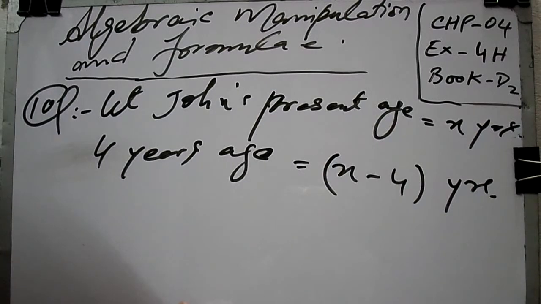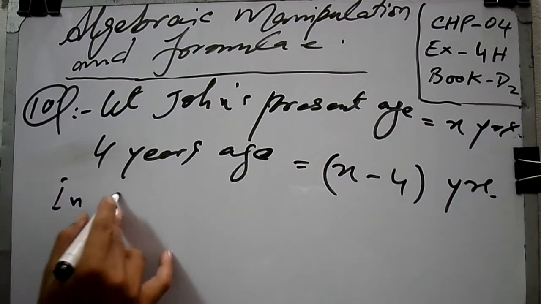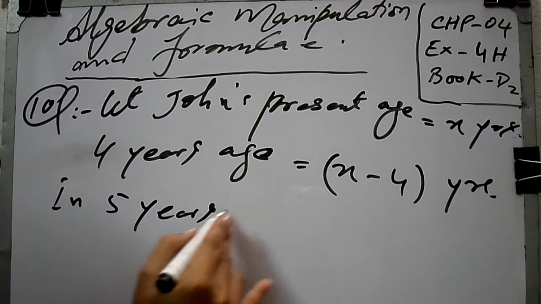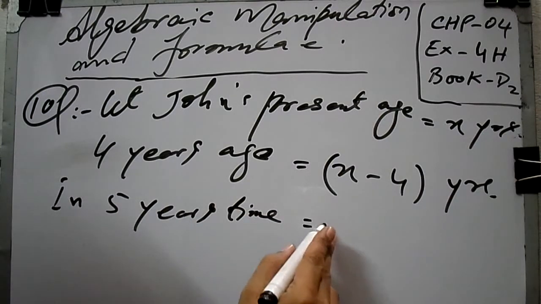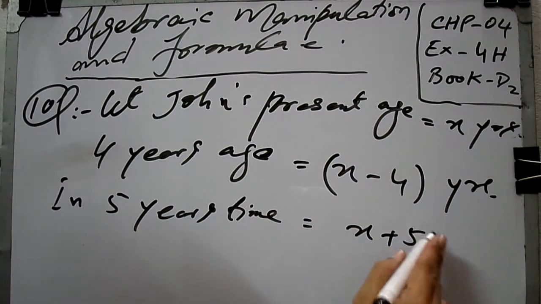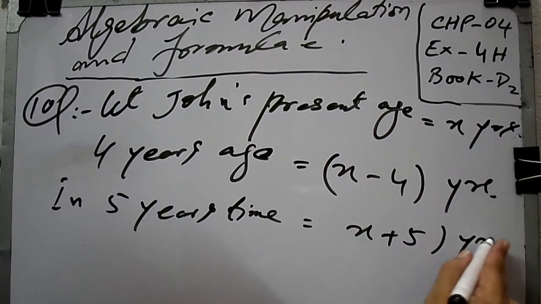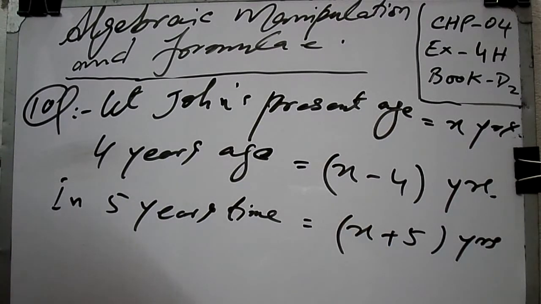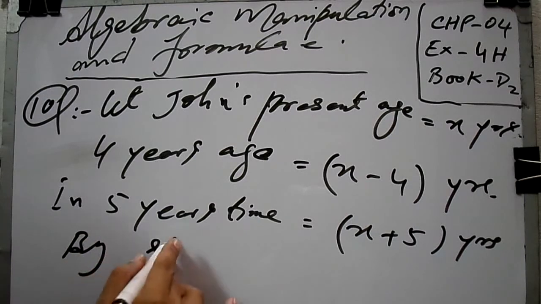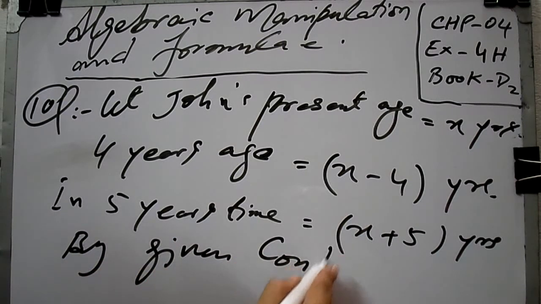In 5 years' time, it means you have to add, so x plus 5. So by the given condition, if we read the statement, the segregated part you can see here.